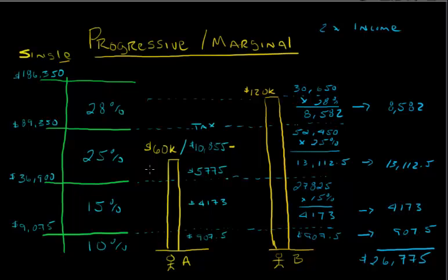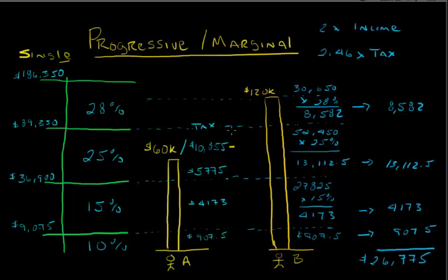But because we have a progressive system, meaning more of the next doubled amount was at 25% and 28%, what we end up getting is, if you divide 26,775 by 10,855, we ended up with 2.46, almost 2.5 times the tax.